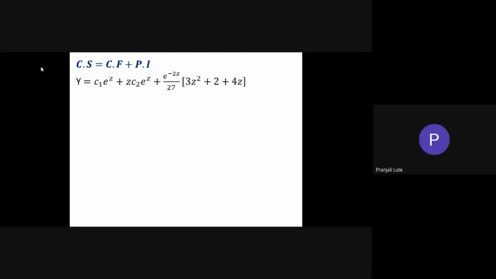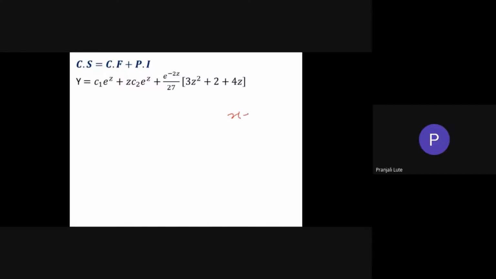So अब हमको क्या करना है? Again we have to replace this e to the power z. So your solution is, we use substitution x equal to e to the power z. ये substitution हमने use किया था for making your equation solvable.